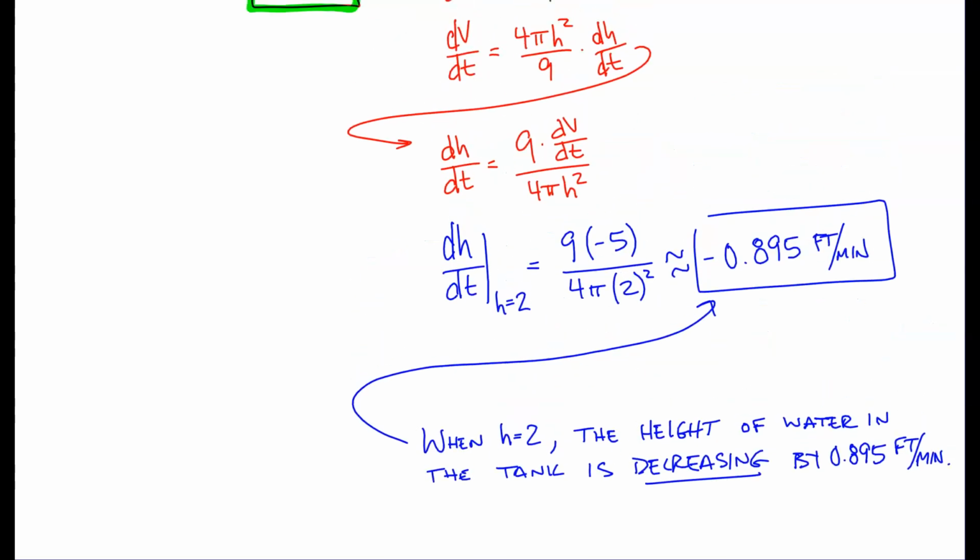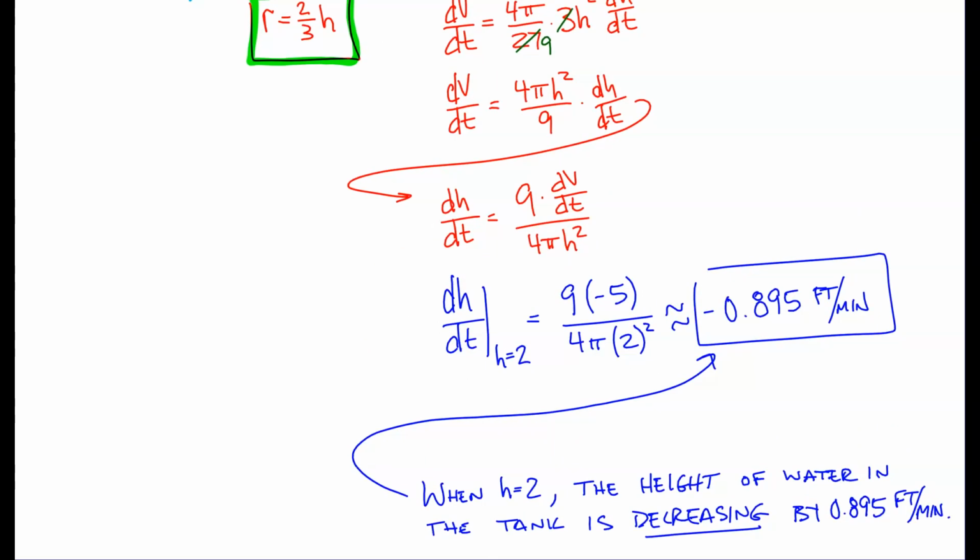Just a couple other comments here. I mentioned earlier that I was going to be a little sloppy with my units, but I would come back and make sure that everything worked out correctly in the end. If I look at my equation here for dh/dt, I have this constant 9 times dV/dt divided by 4 pi times the quantity h squared. So the only things with units there are the things that are highlighted.